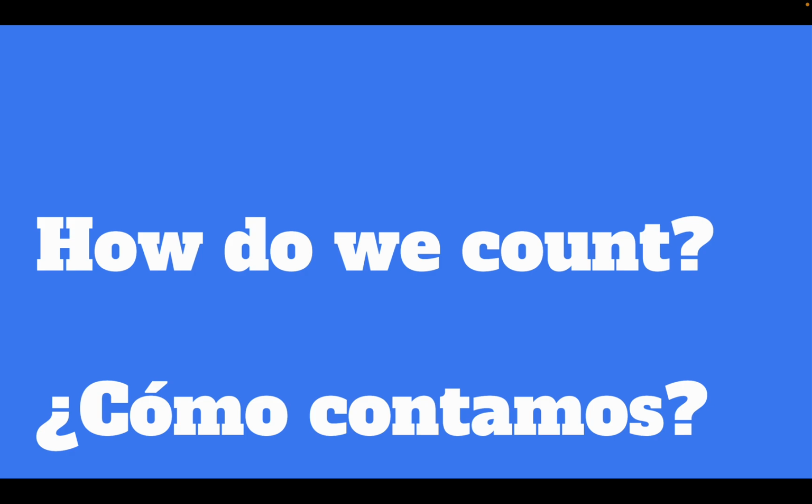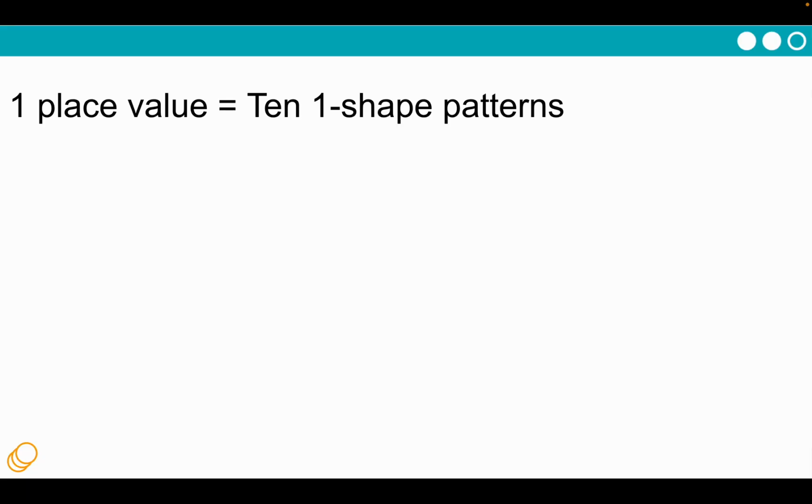So to get us started on this topic, let's just first ask the question, how do we count? ¿Cómo contamos? Contamos, right? I start with 0 because we do in computer science. 0, 1, 2, 3, right? Okay, and so within one place value, if you remember back to elementary school, and we talked about place values.